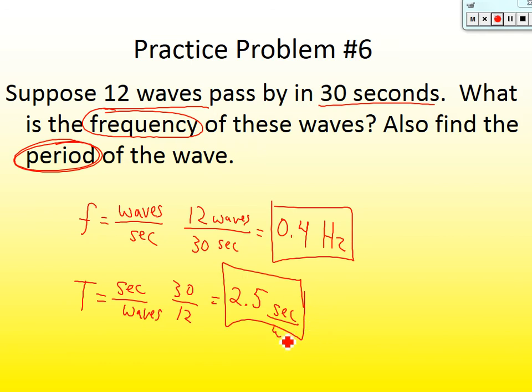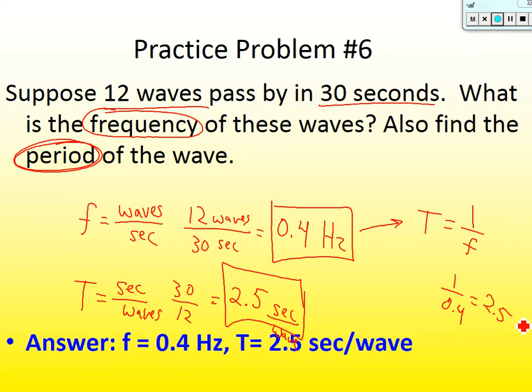Seconds per wave. So a couple of ways you could do that. Couldn't I have said that the period is equal to 1 over the frequency here, and taken 1 divided by 0.4, and that would have given me 2.5? Sure. There's a lot of different ways you could do it. Okay. And we got it right.